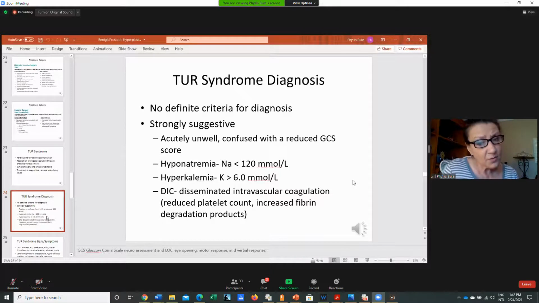But some people respond to a low sodium in different ways. So theirs may not have to get down to 120 for them to be confused, complaining of a headache, restless, all those things that go along with cerebral edema.